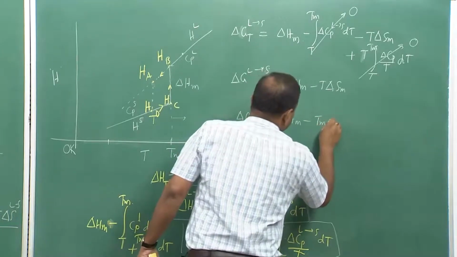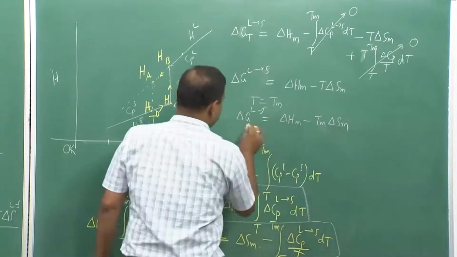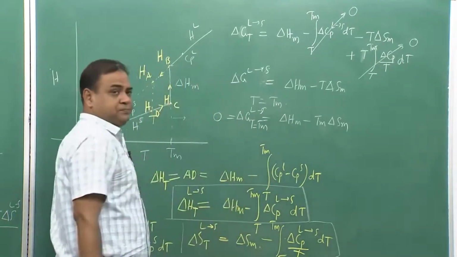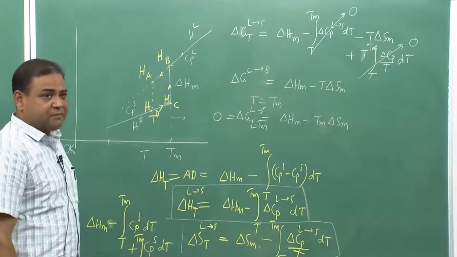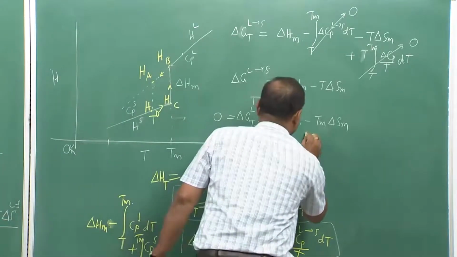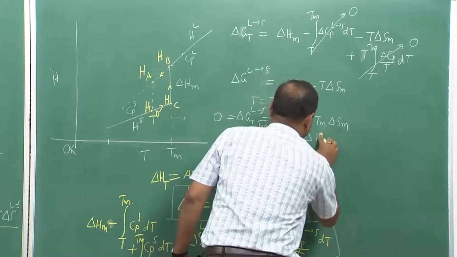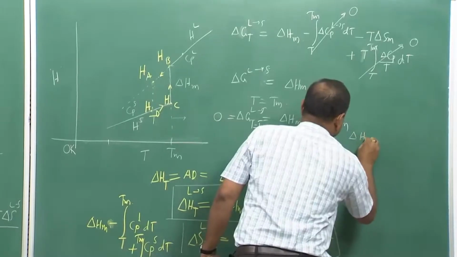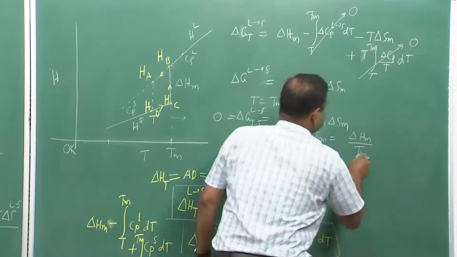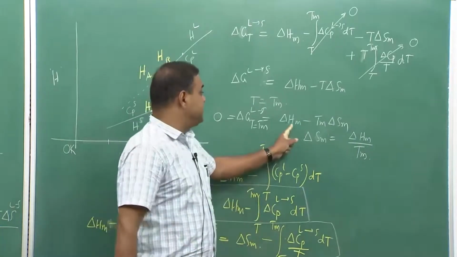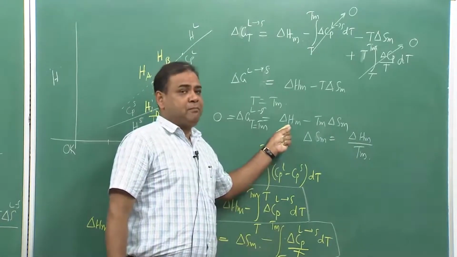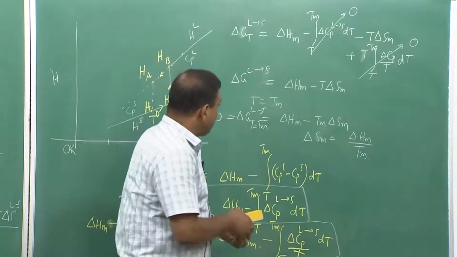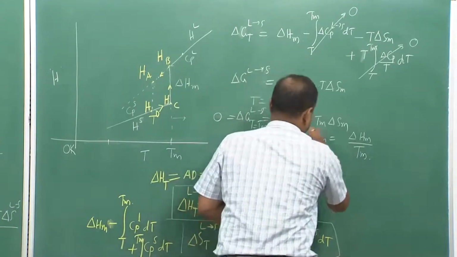So, if we take T to be Tm, then del G liquid to solid is del Hm minus Tm del Sm, at T equal to Tm, which is nothing but 0. If that becomes 0, then I can write del S m equal to del H m by T m.